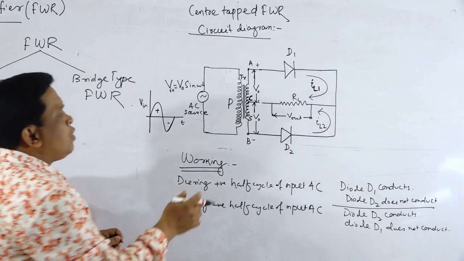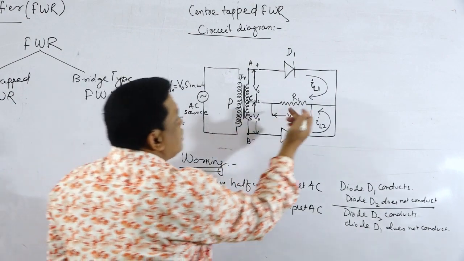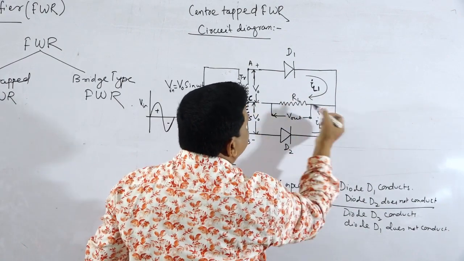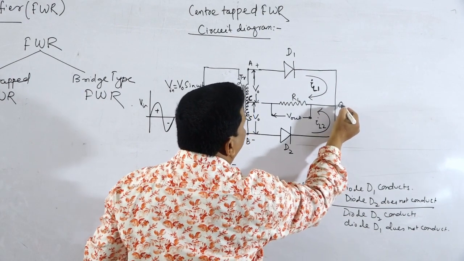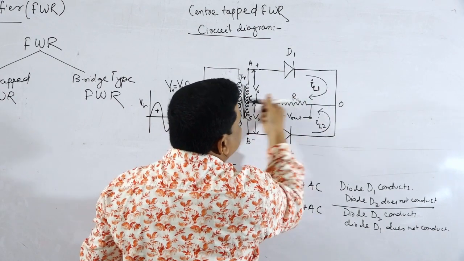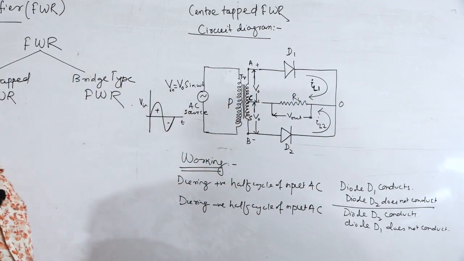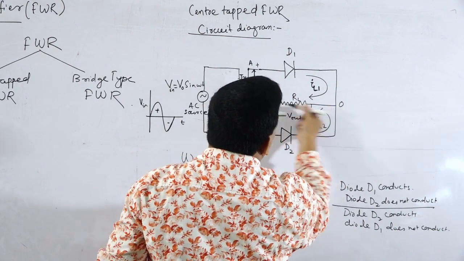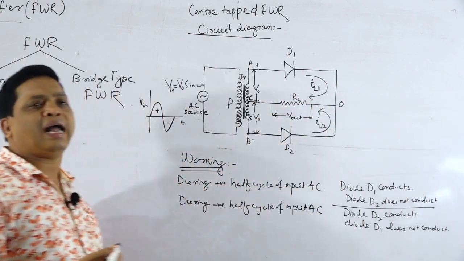Okay. Now during both half cycles, the current through the load resistance is from O to C, that is in one direction. So we can say that a unidirectional current, that is DC current, is flowing through the load resistance RL.